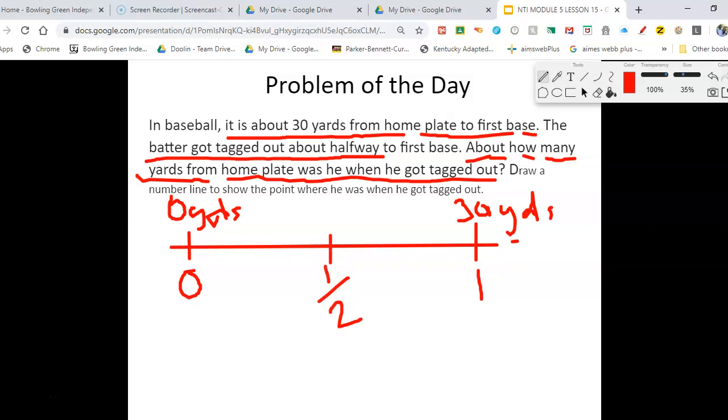So how many yards was he from home plate? This was home plate, and this was first base. About how many yards was he when he went from home plate and was tagged out halfway?